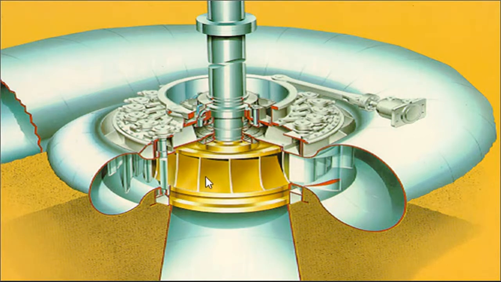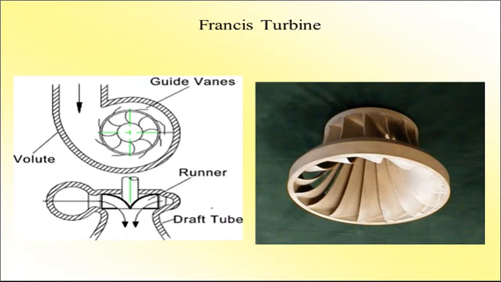But here the governing is done by varying the opening of the guide blades, and then the water goes to the runner. So here first is the casing, then these are the guide vanes, this 1, 2, 3, 4 guide vanes, and then there is a runner. So this is the runner of the Francis turbine.